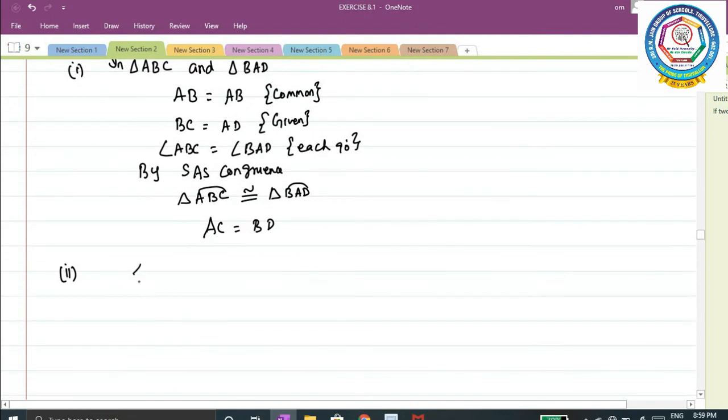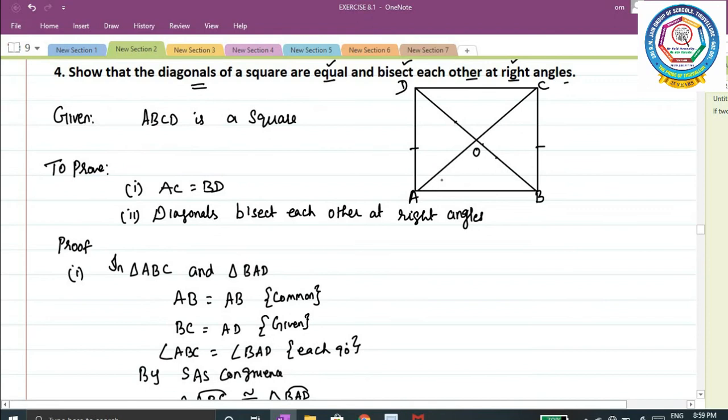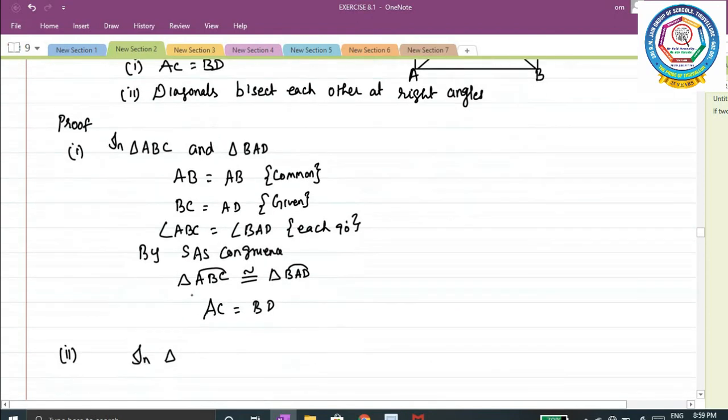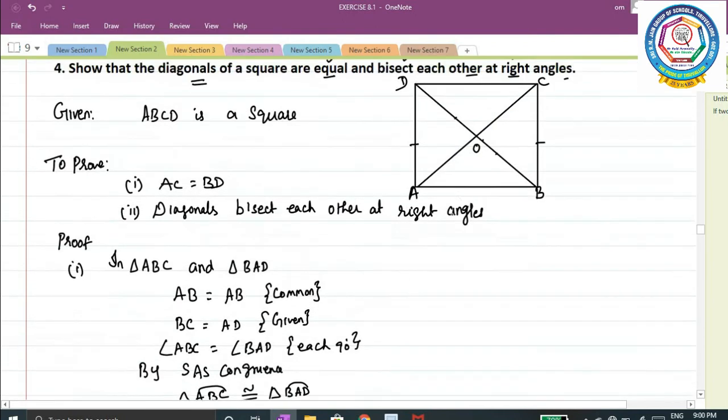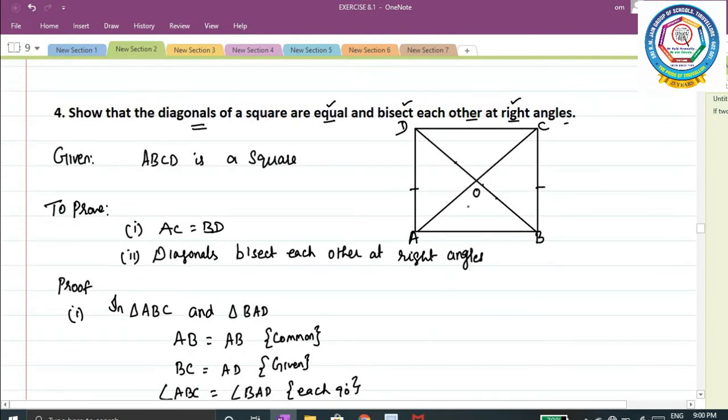So next I'm going to take triangle OAD and triangle OBC. In both triangles, if two lines intersect each other, the vertically opposite angles are equal.